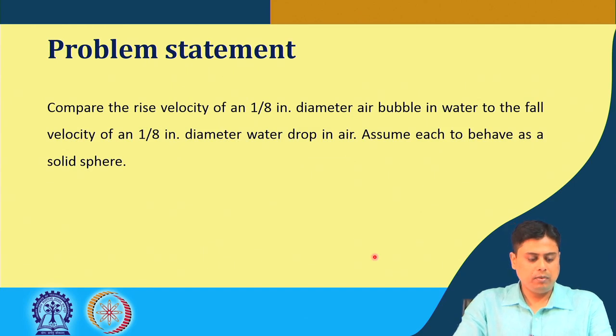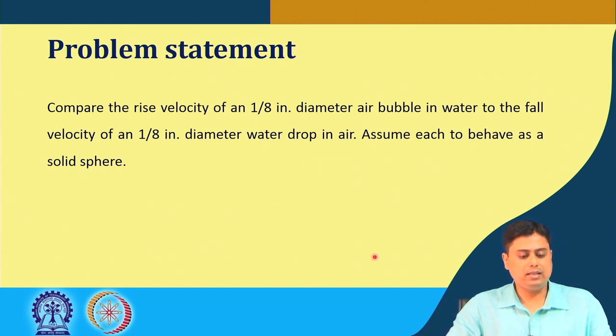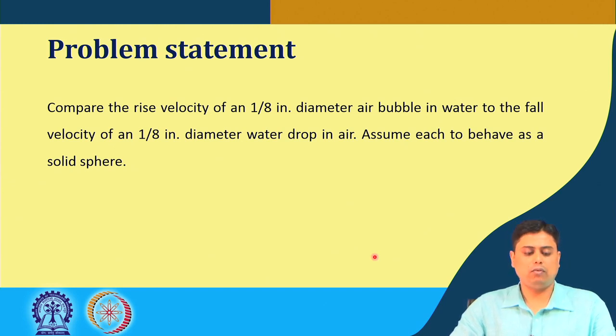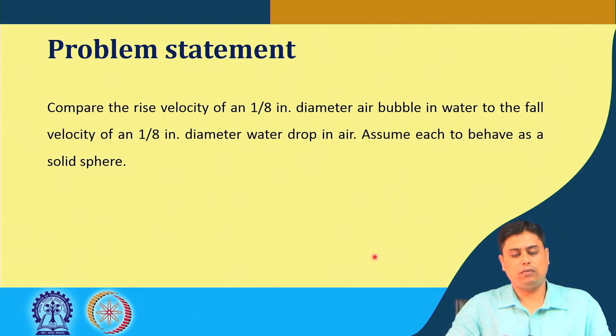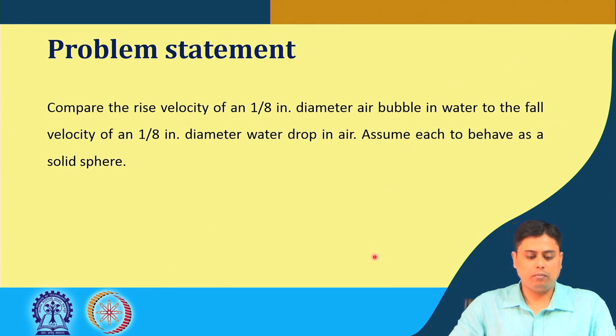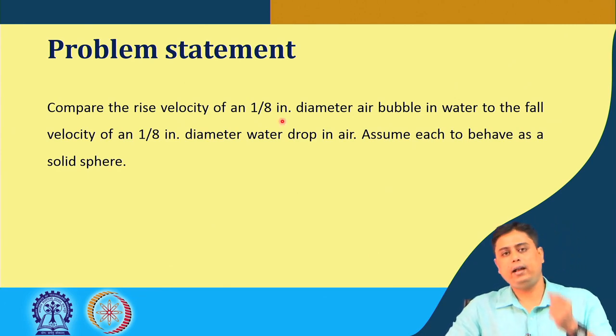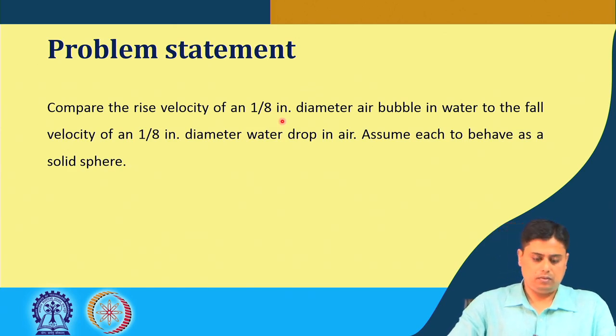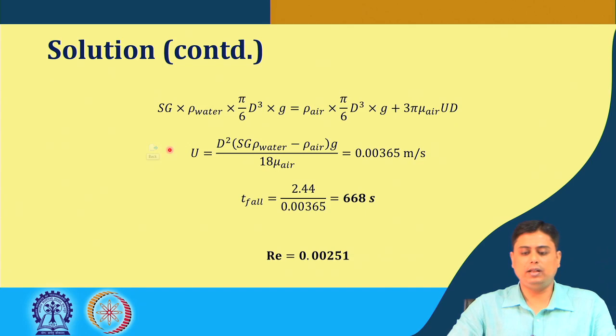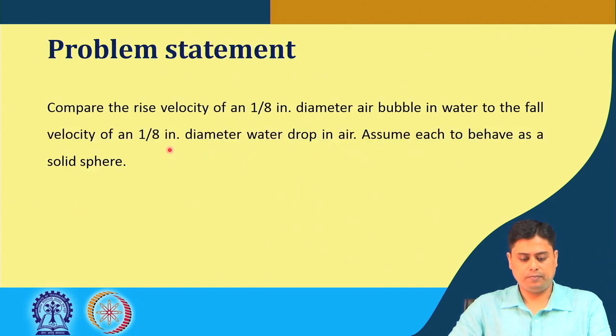So the other problem: compare the rise velocity of a 1/8 inch diameter air bubble in water to the fall velocity of a 1/8 inch diameter water droplet in air. So we have to compare the rise velocity of an air bubble in water of 1/8 inch diameter and a water droplet falling through air of a similar diameter.